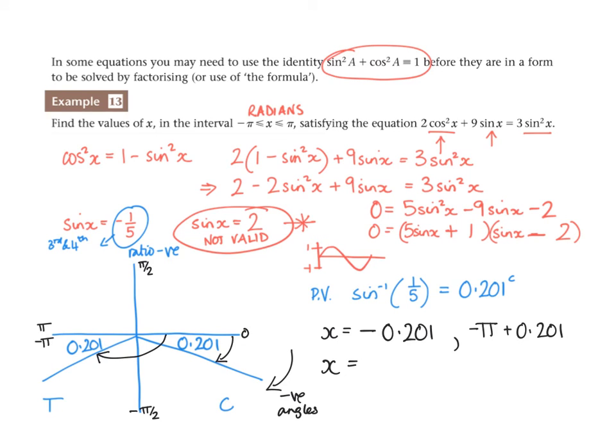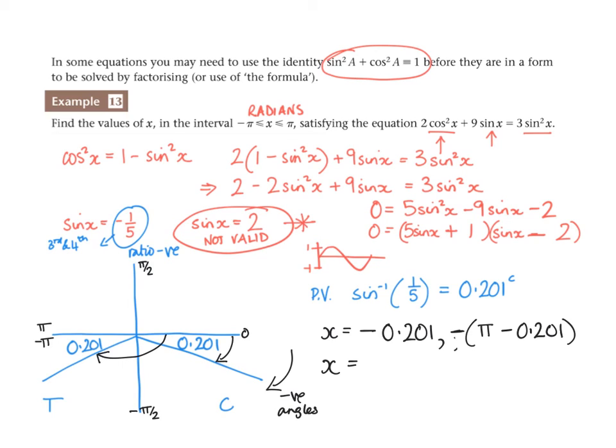It's either that, or the other way of thinking about it is doing the minus of pi minus 0.201, if that makes more sense altogether.